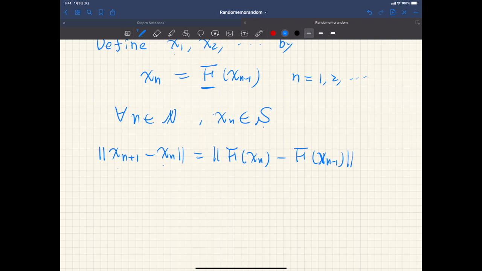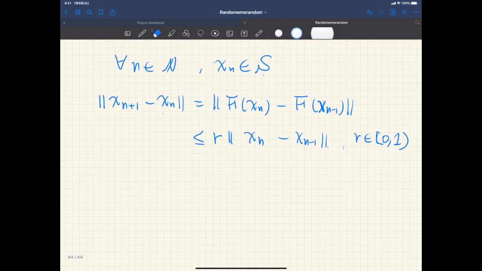But f is a contraction, so there exists some r, a real number between 0 and 1, such that the norm of this is at most r times the norm of xn minus xn minus 1.